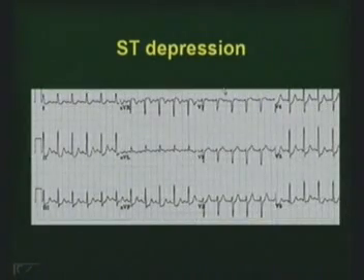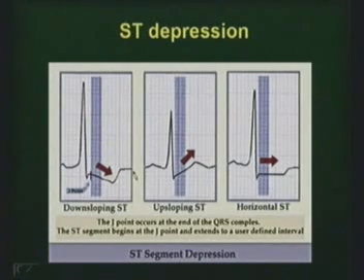Coming to the ST depression now, the ST depression indicates ischemia. What I wanted to tell you here, in the ECG you can see the ST depression in 2, 3, AVF, but the most important thing here is this. There can be 3 kinds of ST depression. This is a downsloping ST depression, this is an upsloping ST depression, this is a flat ST depression.